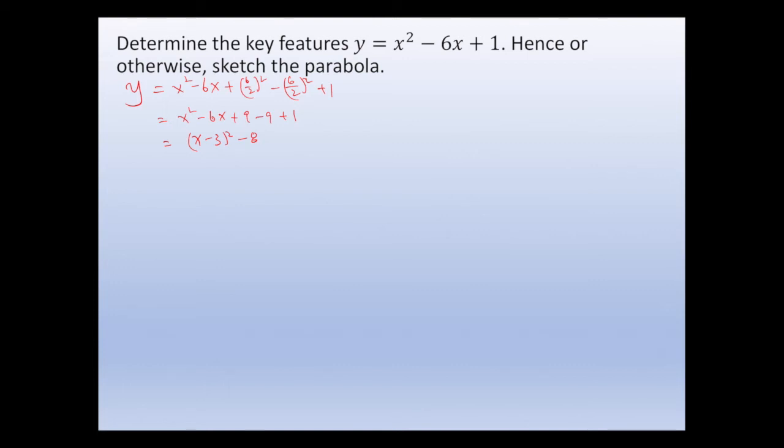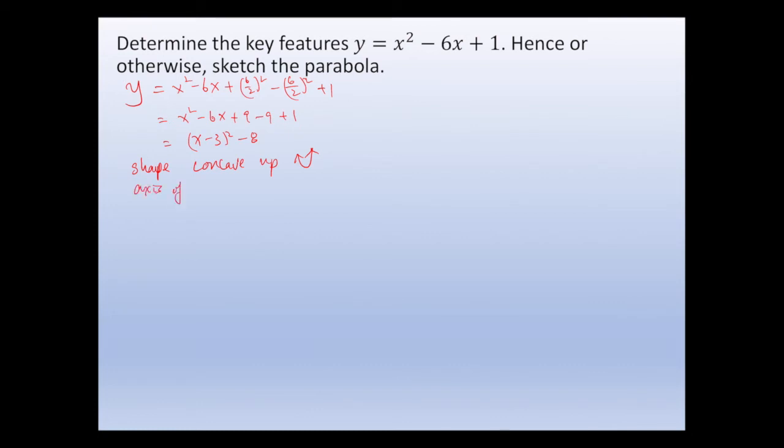See, this is the turning point form. So you know that the shape is concave up because it is positive.